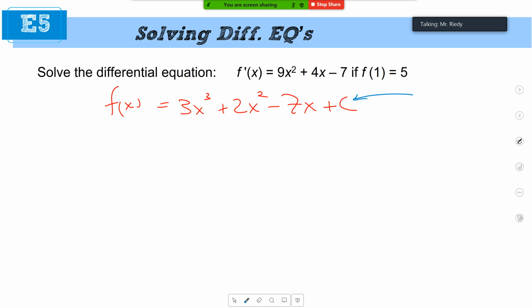I haven't done it. Jack, what would I plug and chug into Noah's antiderivative to find C? You would plug 5 in for f of x, and then you would plug 1 in for all the x's. And I think you would get 7 for c. I got negative 30. Or negative 33.